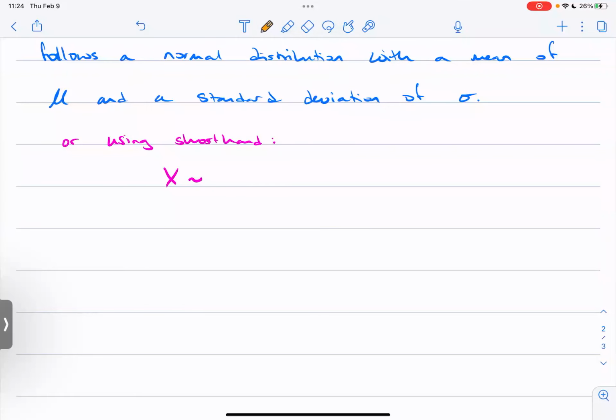So here, tilde is follows a. Normal distribution, which we denote by a capital N. This is shorthand for normal distribution.